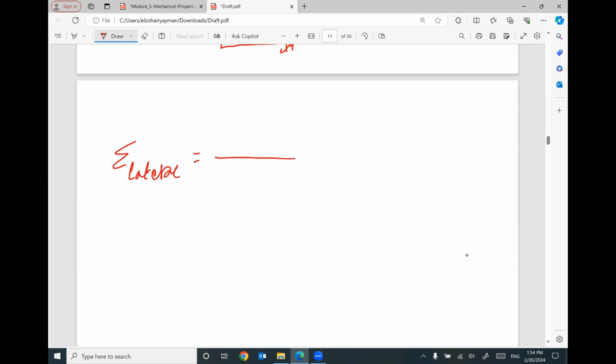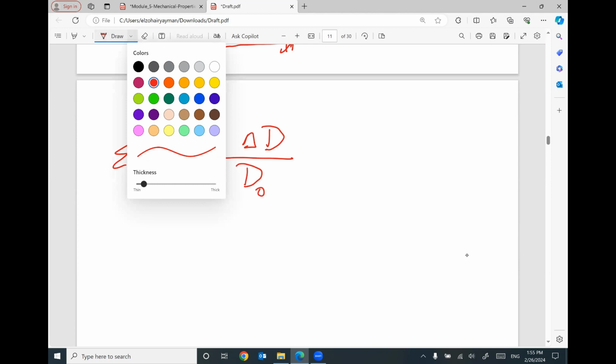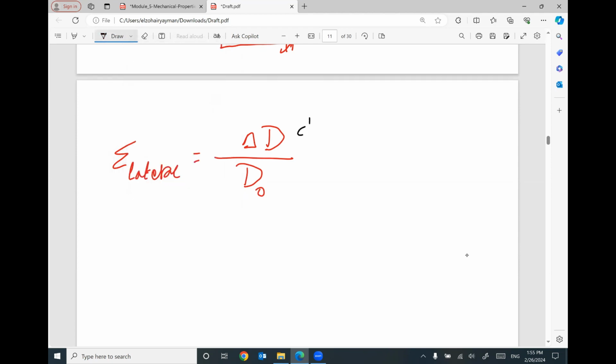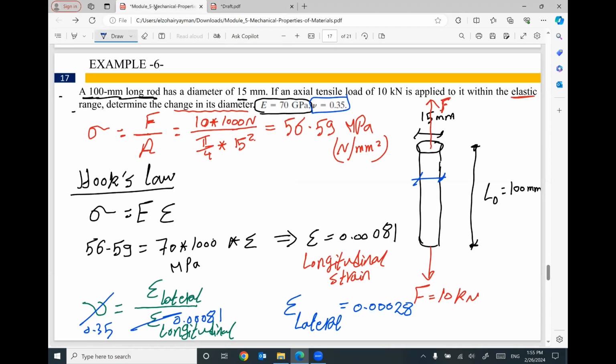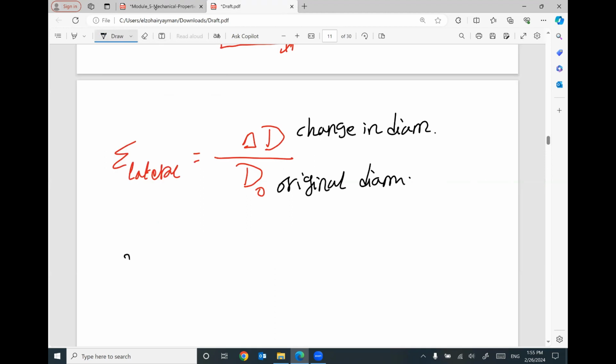Keep in your mind, this lateral strain equals the change in the diameter divided by the original diameter of the rod. So the lateral strain equals 0.00028.